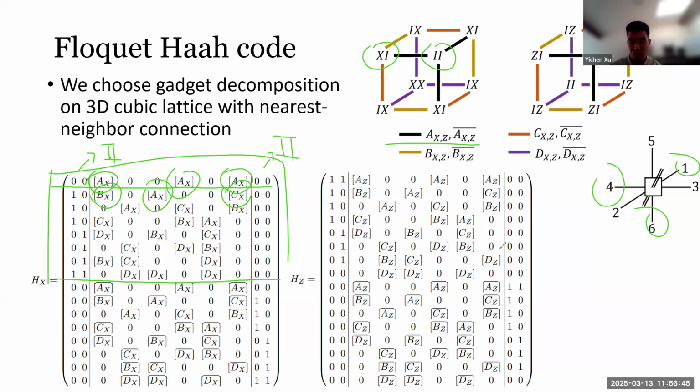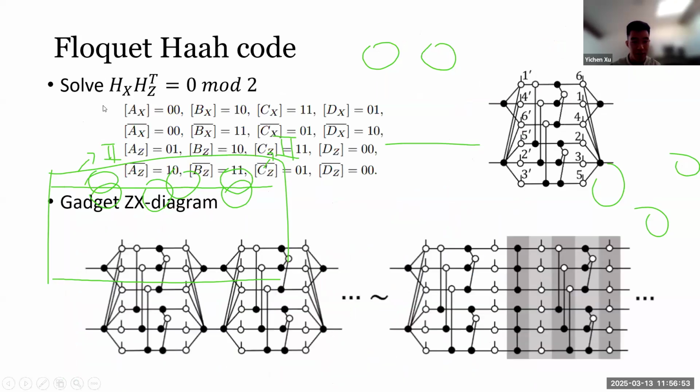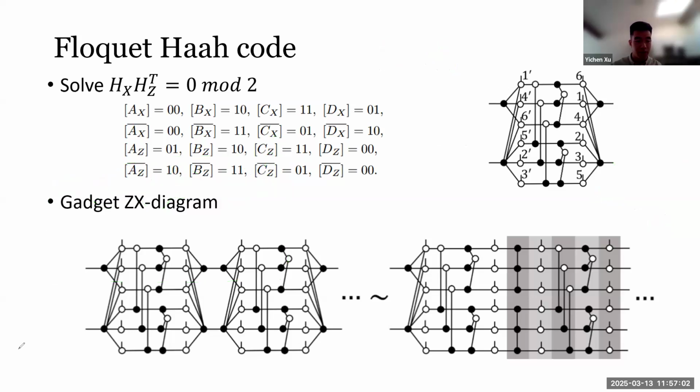Now you just need to solve the consistency condition: HX times HZ transpose is 0 mod 2. This is what people always do when talking about encodings.